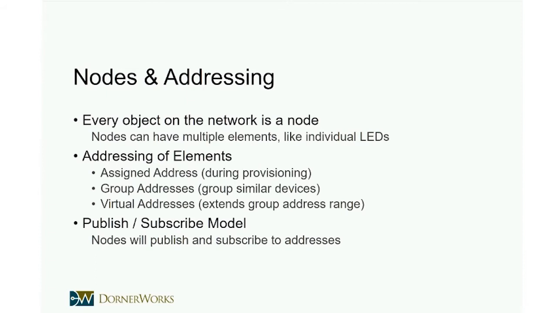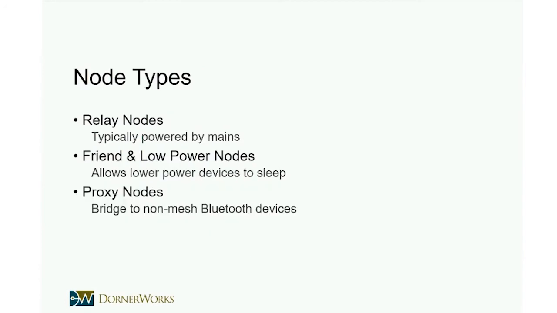So I think it's important to talk about types of nodes. As I was saying, you have the design goals for low power. You have 3 types of nodes. The first is what everybody thinks of when they think of mesh networking, and that's a relay node.